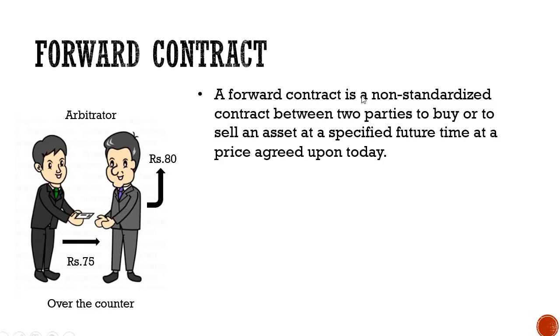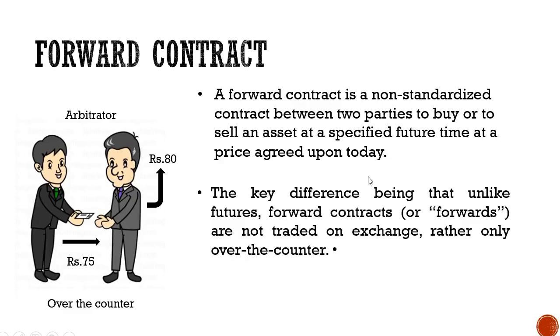So forward contract is a non-standardized contract, so it is not traded on stock exchange but it is traded over the counter. Rest all the features remain similar to the future contract. The key difference being that unlike futures, forward contracts are not traded on exchange, rather they are only traded over the counter. So that's the only difference between the future contract and the forward contract.